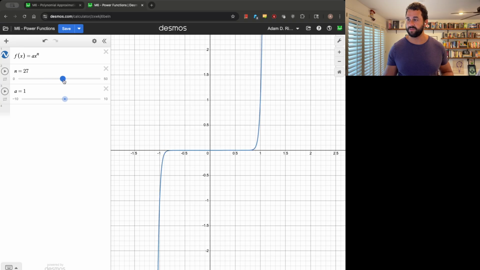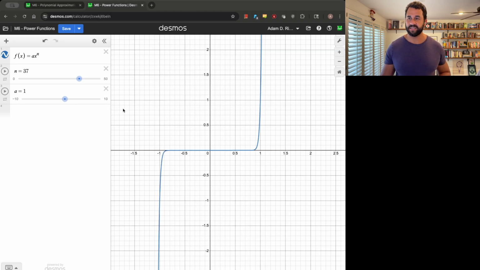So you can see the behavior of these graphs. Notice what's happening as n gets larger and larger. For one, if n is even, then the graph basically looks like a flattened out parabola. When n is odd, it looks like a flattened out cubic function.